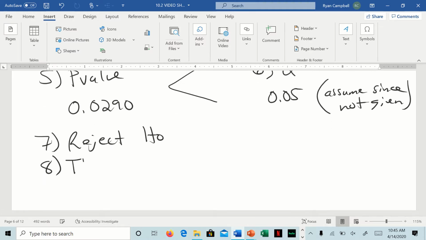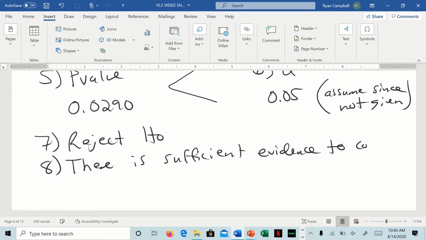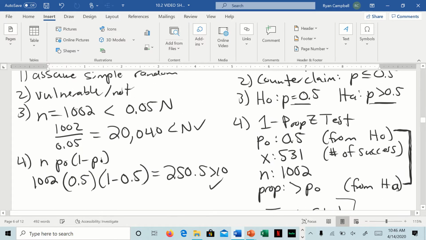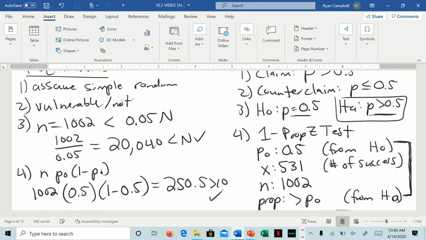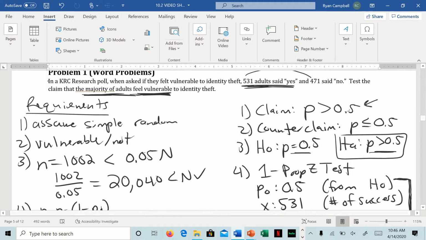Because of that, we say there is sufficient evidence, right? There is enough evidence. We rejected it. To conclude that, and what were we trying to conclude? What were we looking at for HA? So HA in this case is the same as our claim, so we just can restate the claim.